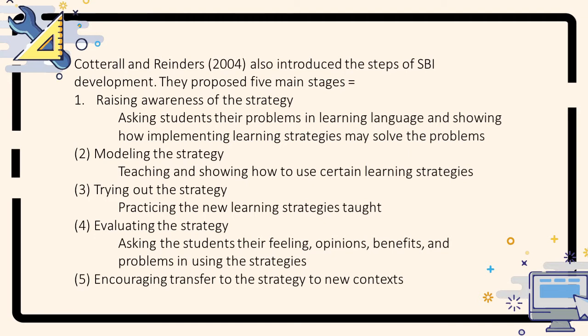Number three, trying out the strategy, practicing the new learning strategies taught. Number four, evaluating the strategy, asking the students their feelings, opinions, benefits, and problems in using the strategies. Number five, encouraging transfer of the strategy to new contexts.